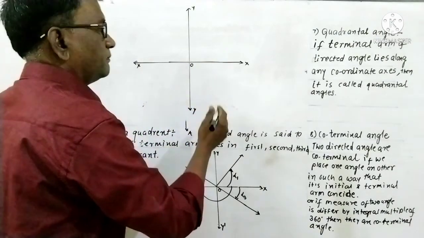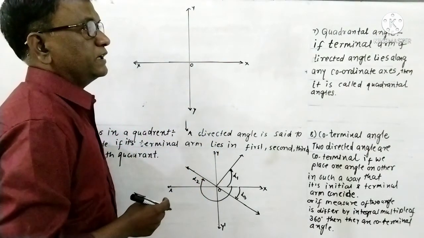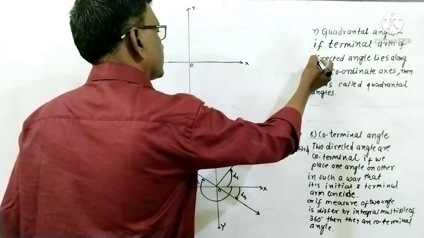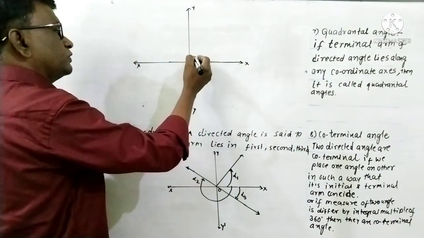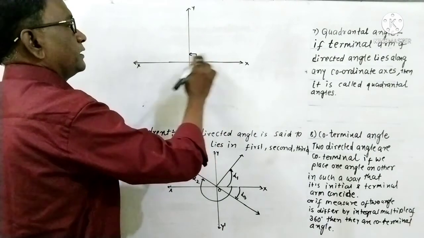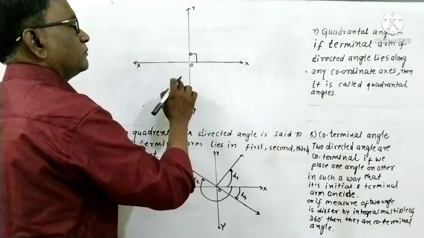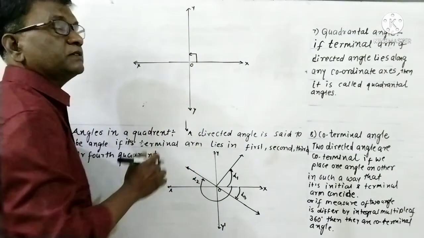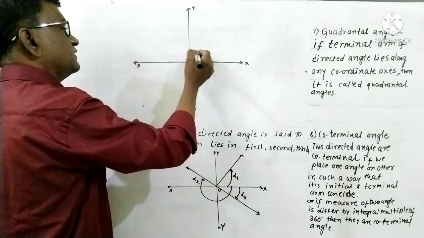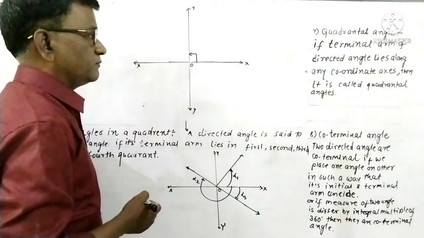It is a quadrantal angle if the terminal arm of the directed angle lies on an axis. Suppose we have taken this directed angle. This is the initial arm OX and OY is the terminal arm. The terminal arm lies on the y axis, and this is a quadrantal angle.